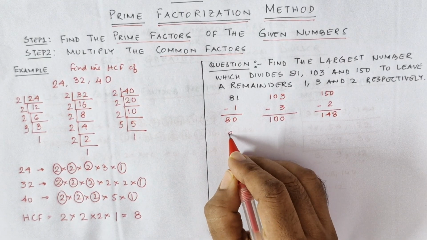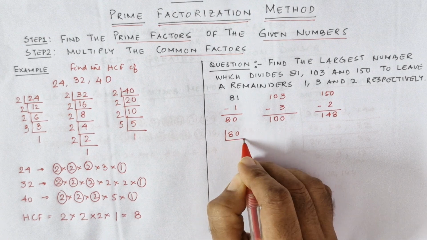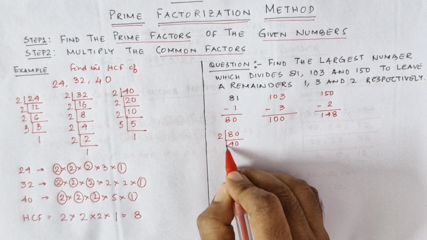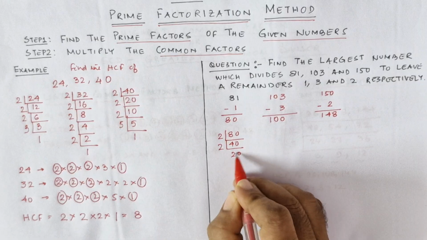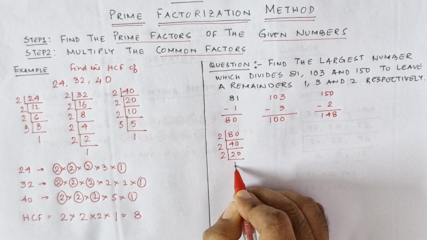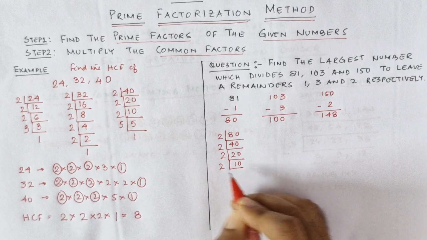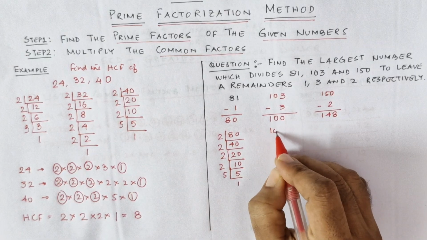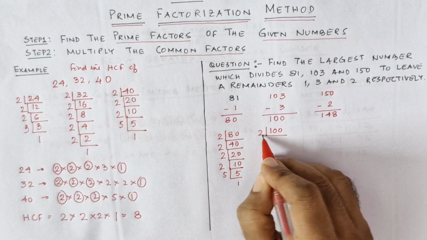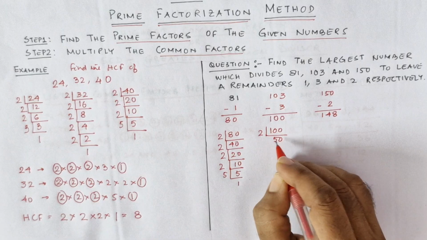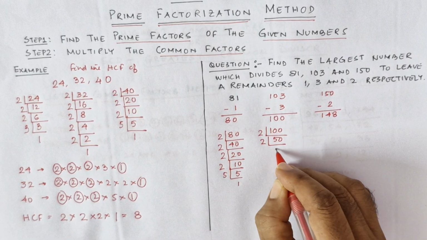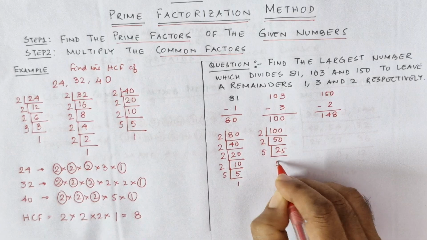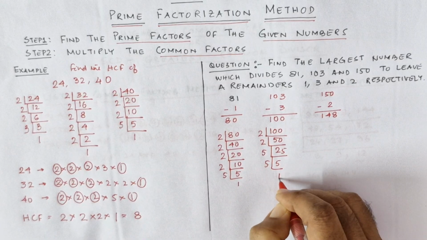So let us do the first one, 80. Divide by 2, this is 40, again by 2 this is 20, again by 2 this is 10, again by 2 this is 5, again by 5 this is 1. For 100, again divide by 2, this is 50, by 2 this is 25, go by 5, this is 5, again by 5 this is 1.